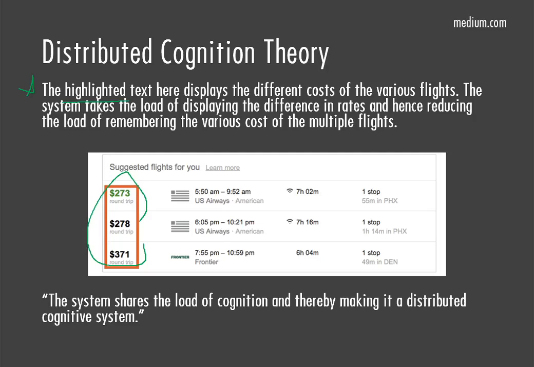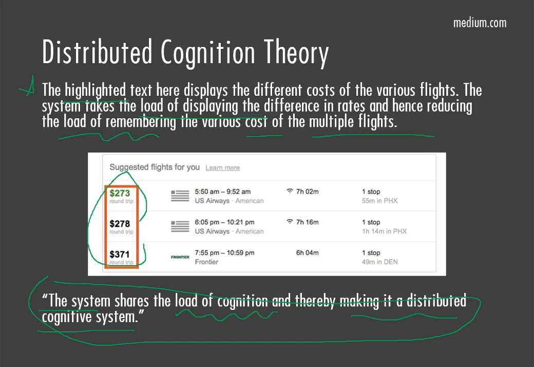The system takes the load of displaying the difference in rates, and hence it's reducing the load of remembering the various costs of the multiple flights. You can say in a short sentence, the system shares the load of cognition, thereby making it a distributed cognitive system.